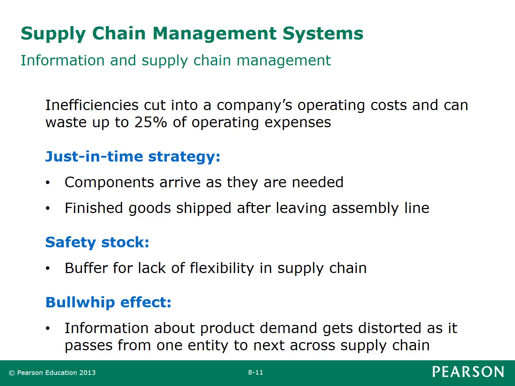Bullwhip effect could happen in case of getting distorted information about product demand as it passes from one entity to the next across the supply chain, which means overestimating demand as it actually is.